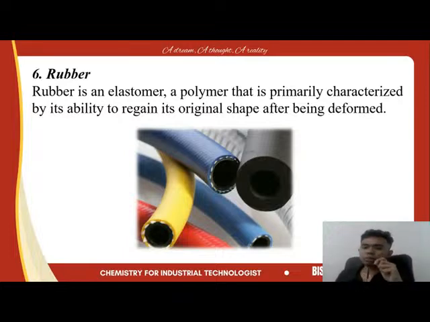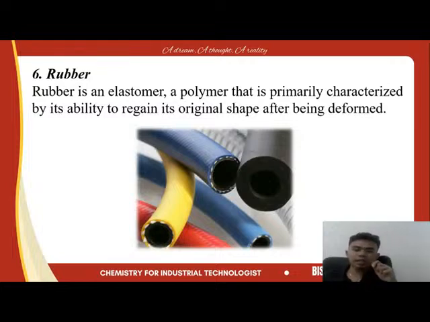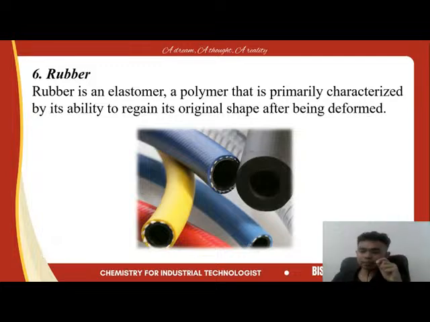One of the most commonly known synthetic rubbers is the neoprene, which is chemically known as polychloroprene. Okay, the neoprene has a good chemical stability and maintains elasticity over a wide temperature range, making it a preferred material for the manufacture of wetsuits, wrist supports, and orthopedic knee braces. Okay?